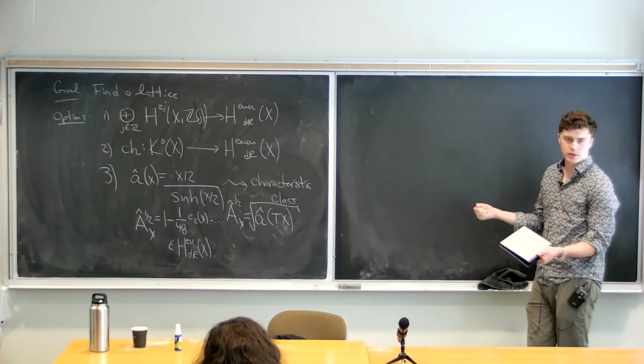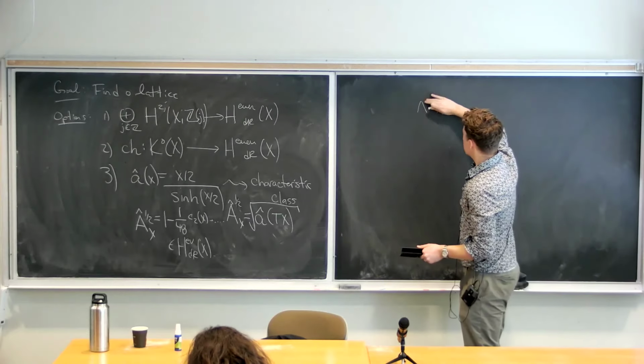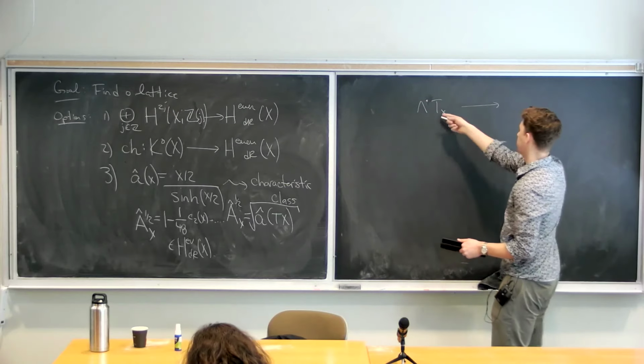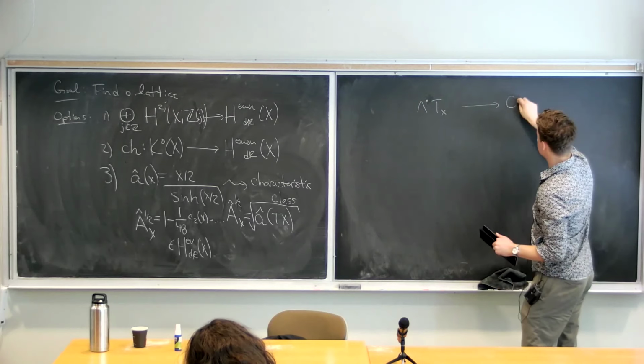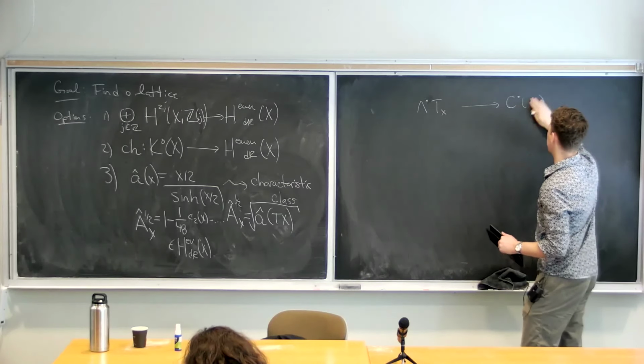So I said something about Poisson structures, right? That was wedge 2 of T_X. But really, you can take all the polyvectors, and there's a map from this, which has additional structures, into the Hochschild cochains of the quantized algebra, or, well, of O_X.